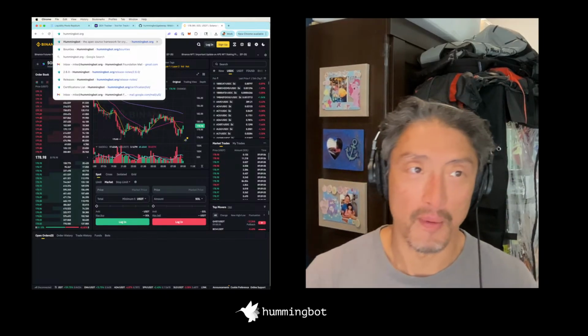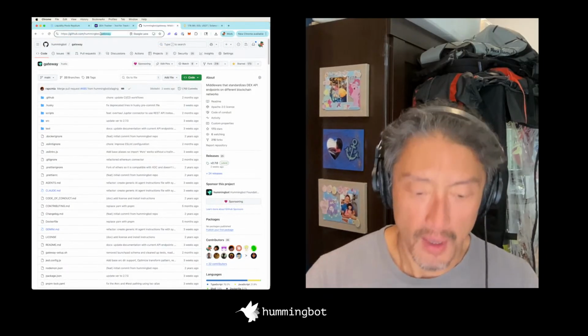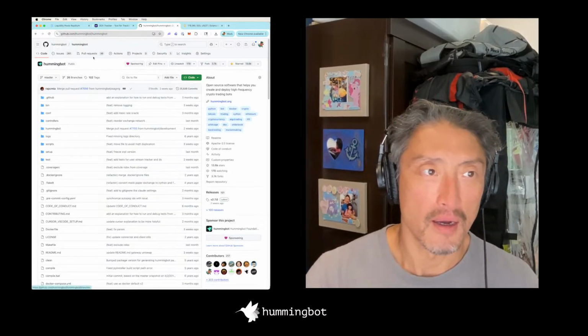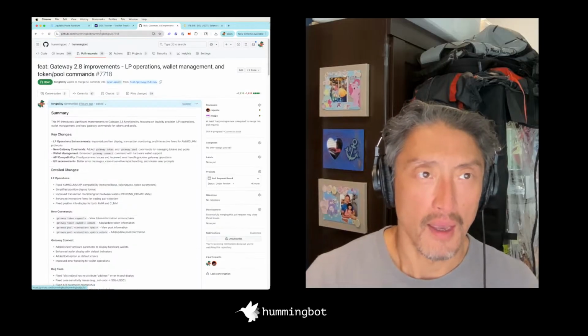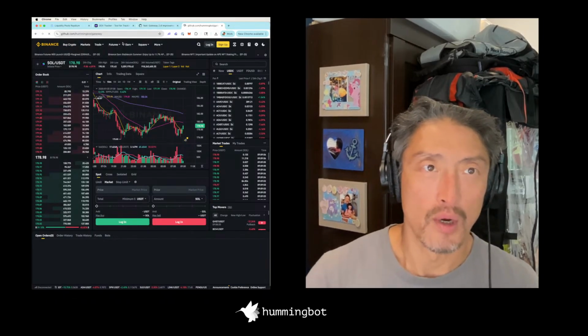Okay, all right, sorry about that. So if you want to follow along, I'm using the branch 2.8. There's a pull request here called 2.8 improvements, and there's also a corresponding pull request in the Gateway repo for 2.8.